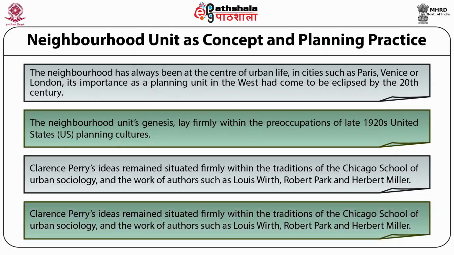Perry's contribution lay in giving a spatial scaffolding to the concerns of declining social capital and rising urban anomie that pervaded the work of these sociologists, and in placing the neighborhood at the heart of urban design and rejuvenation.